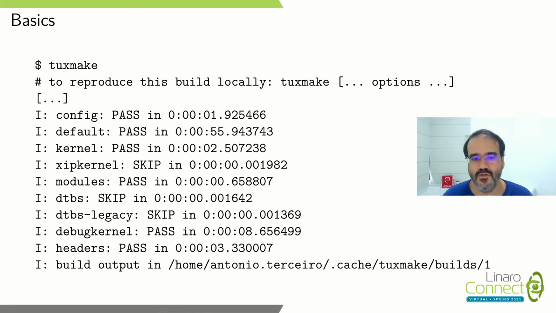So it builds a configuration, it builds a kernel, it builds modules, it builds DTBs if that's supported by the architecture you are using, it builds a debug kernel, which is vmlinux with no compression and debug symbols, and it also builds a header tarball. And by default, it puts the output in a .cache directory in your home directory, but you can also override the output directory, so that's just the default.